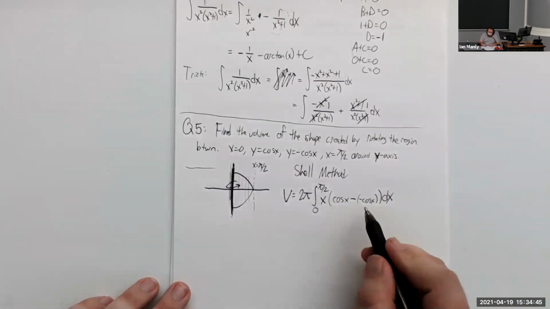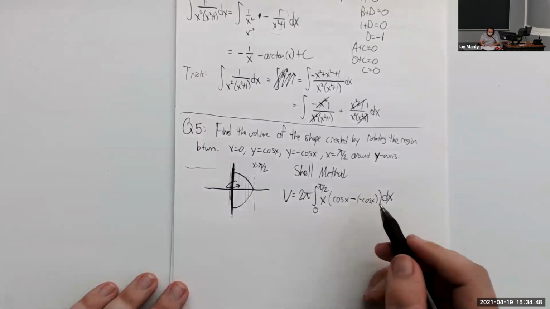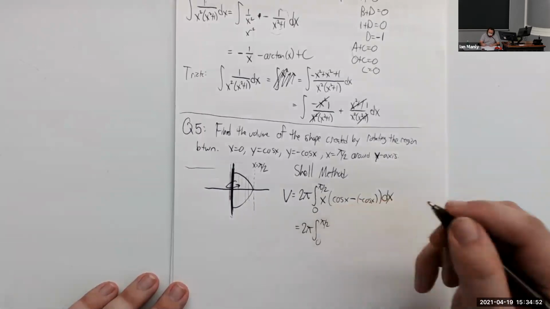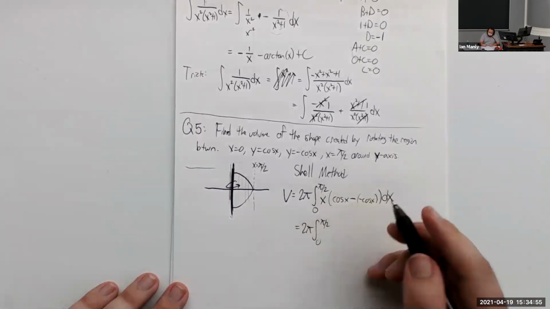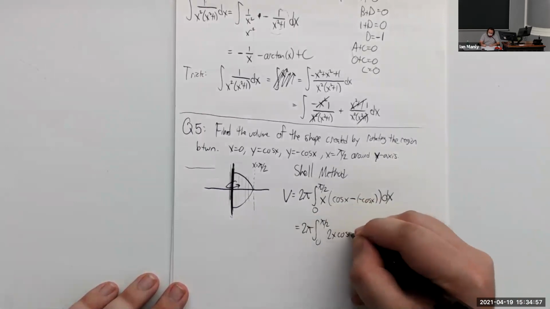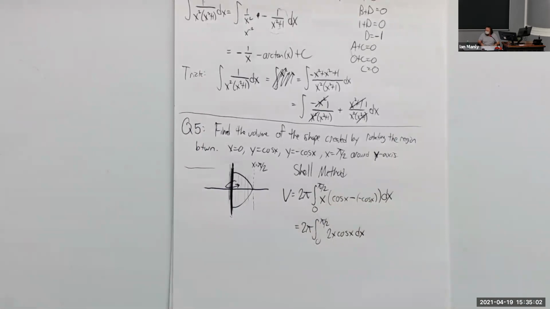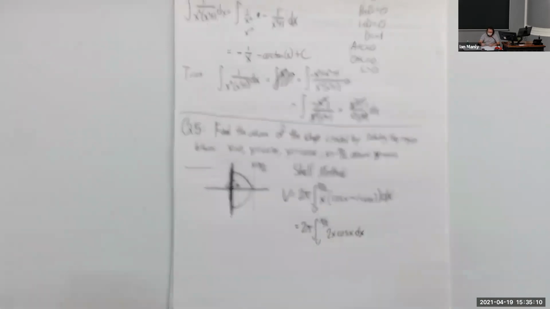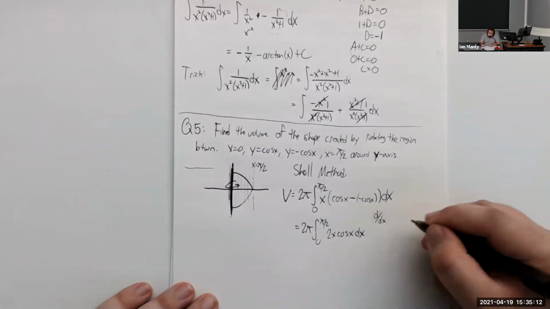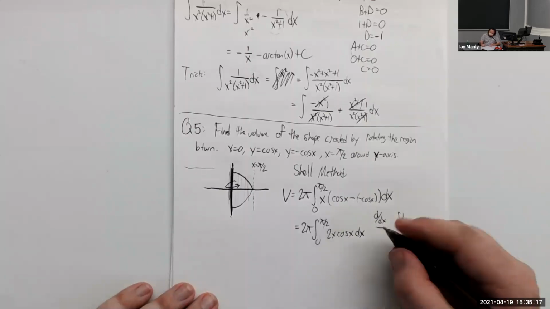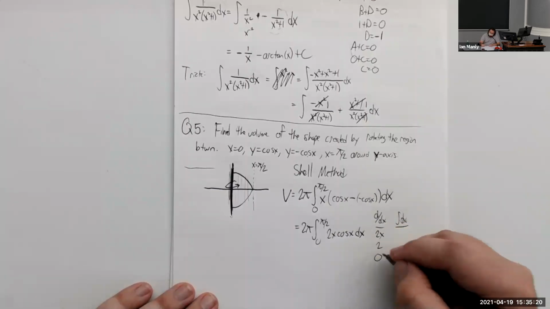Now we can simplify this because we're subtracting a negative. So this is 2 pi times the integral from 0 to pi over 2 of 2x cosine of x. Now we're going to do this integral, and this is an integration by parts. So we have 2x, and 2, 0.